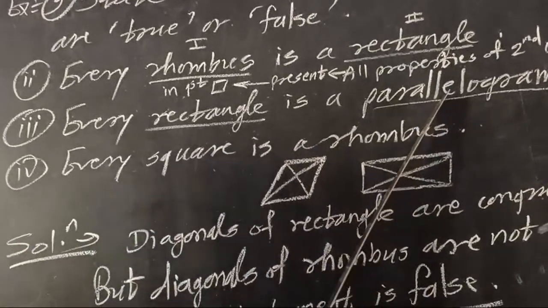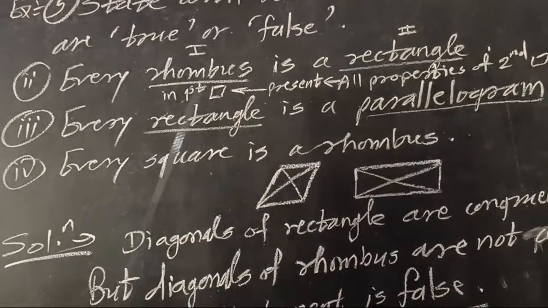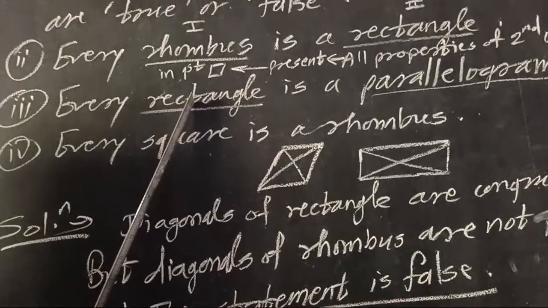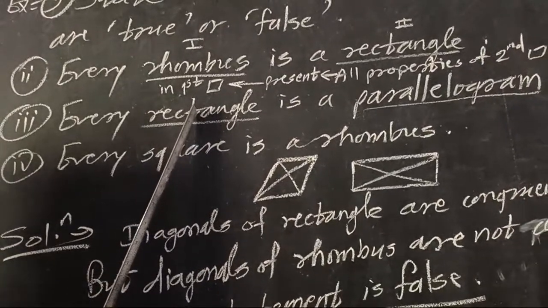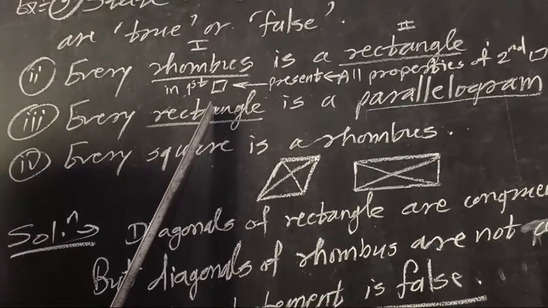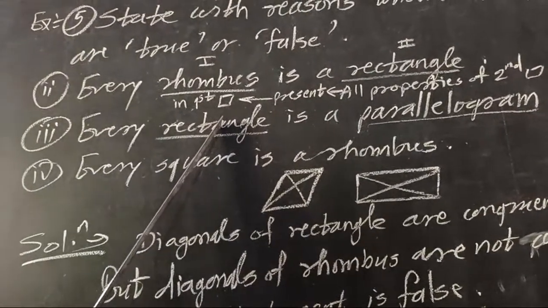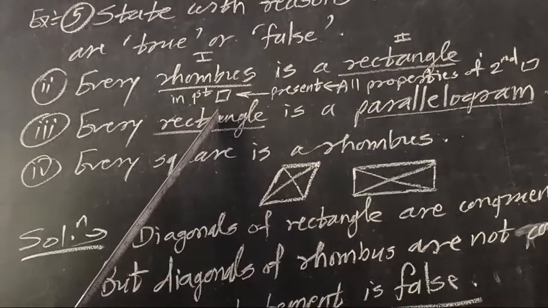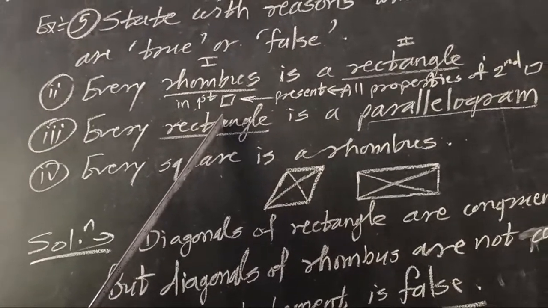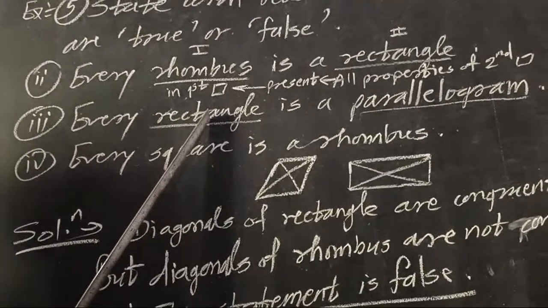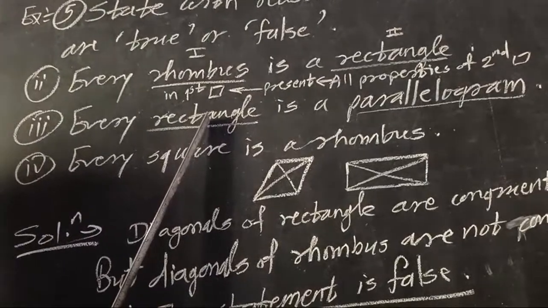And the opposite sides of rectangle are also congruent. Means first property satisfied.